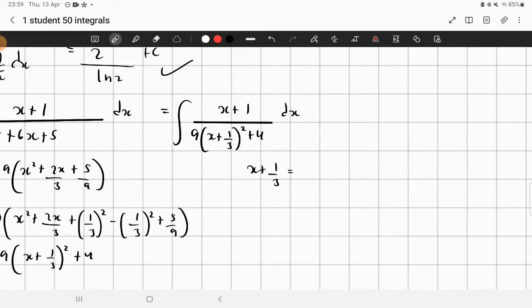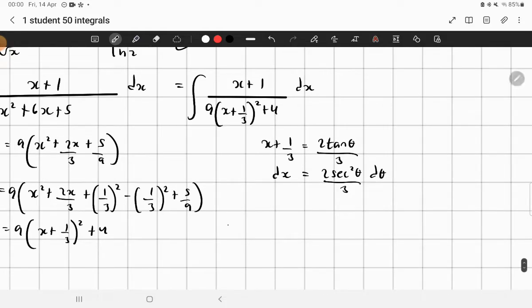Yeah, it's tangent. So x plus 1 over 3 equals 2 tangent theta over 3. When I take the first derivative, it will be 2 secant squared theta over 3 d theta.